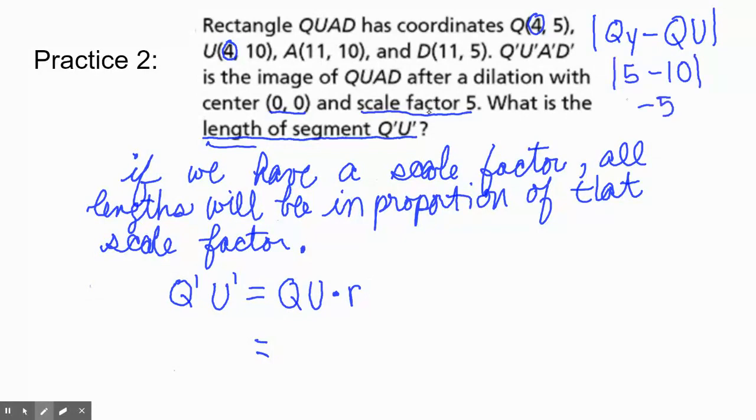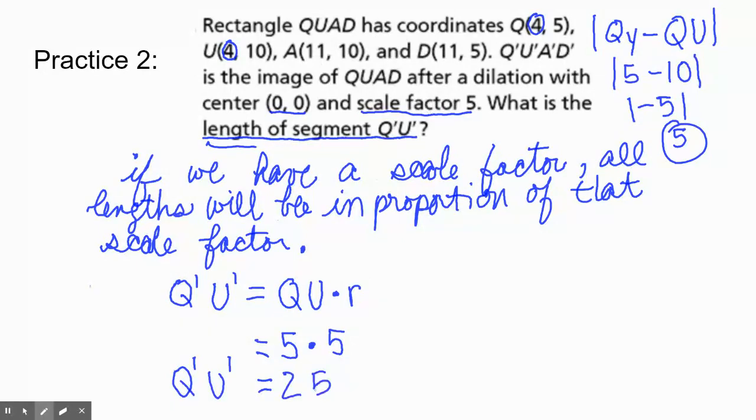Absolute value of -5 is 5. Okay. So the length of QU is 5, and we're going to multiply that by the scale factor R, which is 5. So the length of Q prime U prime is 25. Okay.